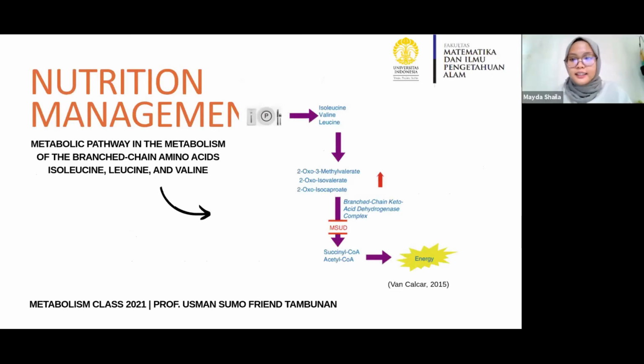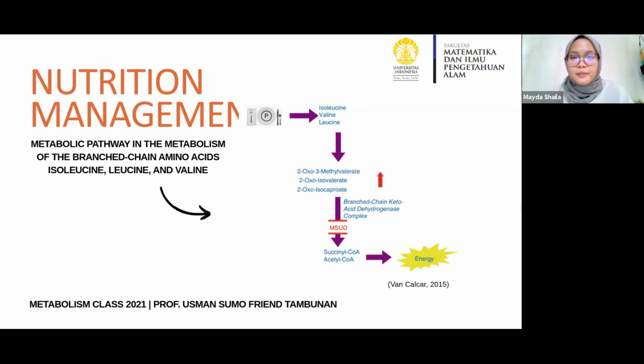Next, this is the metabolic pathway in the metabolism of the branched chain amino acids isoleucine, leucine, and valine. Maple syrup urine disease is an inborn error of the branched chain keto acid dehydrogenase, or BCKDH, enzyme complex, which is required for the catabolism of branched chain amino acids such as leucine, valine, and isoleucine.